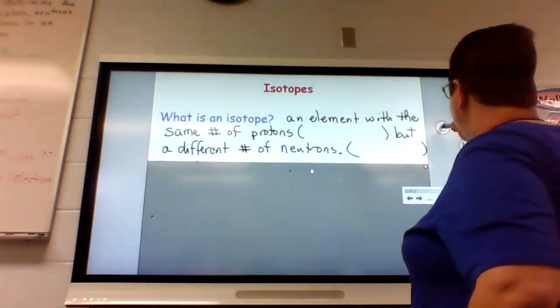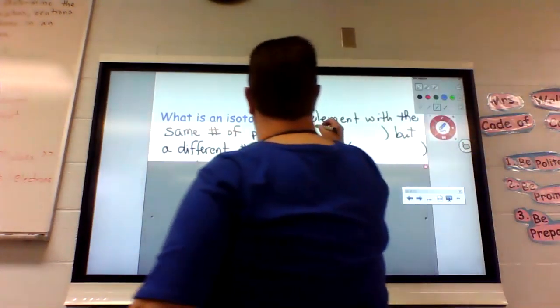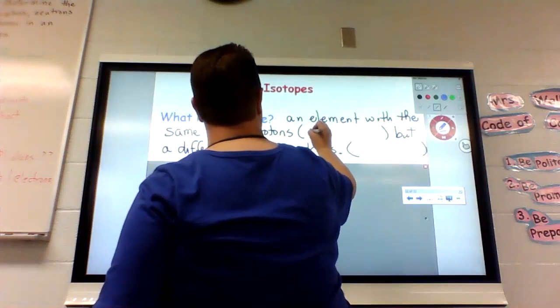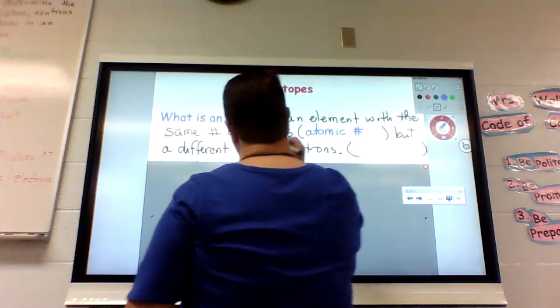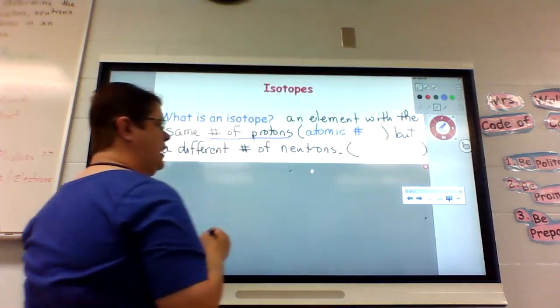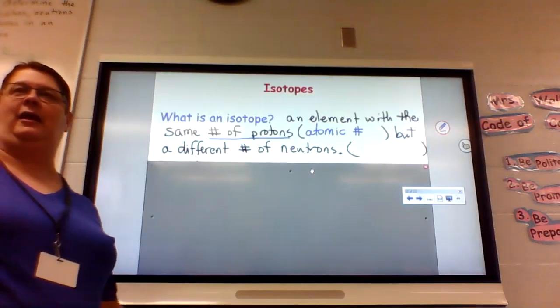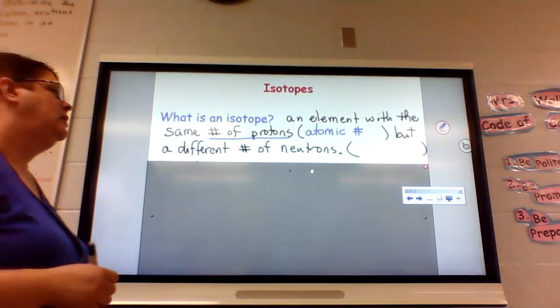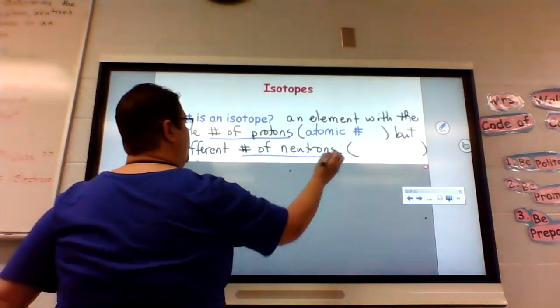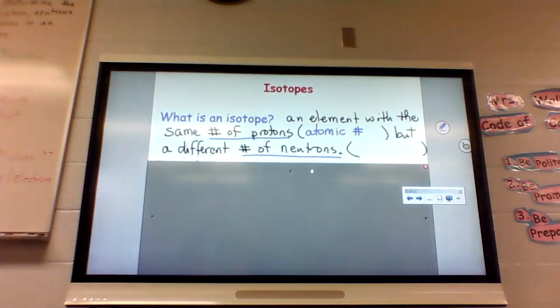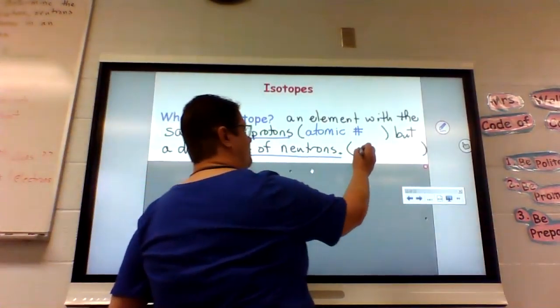So, some books like to define it as an element with the same atomic number, but a different number of neutrons. What number makes up neutrons? Yes, so we can say atomic mass there.